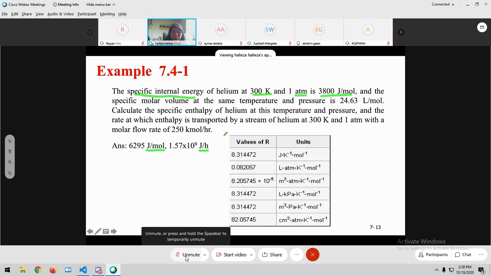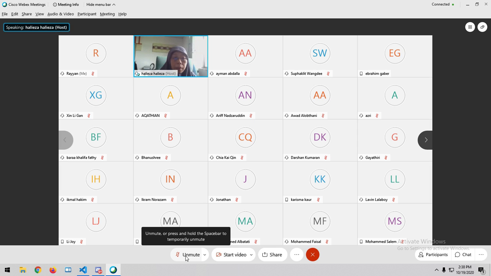Why do we need a gas constant? We're going to use the gas constant as a conversion factor. If you remember how we calculated just now, we will use this gas constant as our conversion factor. So let me go to my handphone first so that we can do this problem.